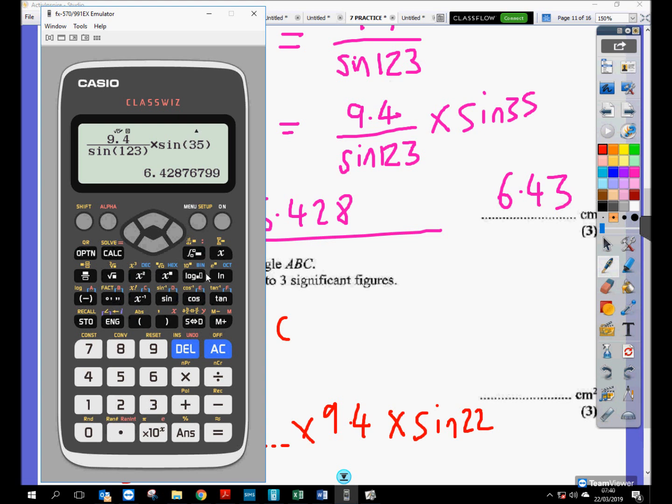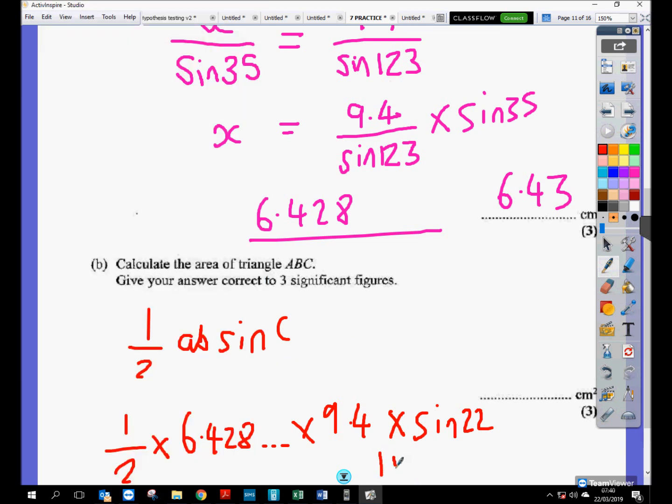Okay. There you go. So now we're gonna have a half times ans times 9.4 times sine 22, a half AB sine C. Have the answer 11.3188. Give your answer correct to three significant figures, 11.3.